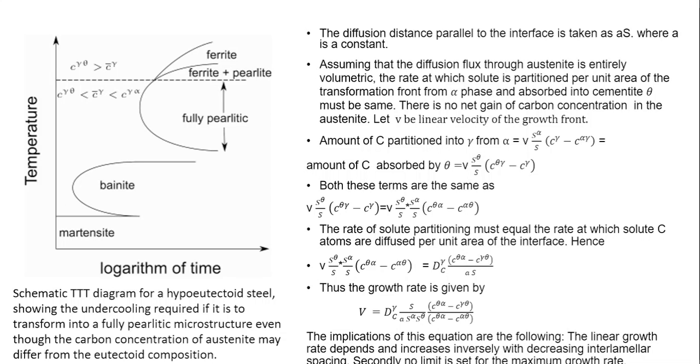So the amount of carbon absorbed is equal to the velocity of the growth front V multiplied by S theta by S, a smaller area fraction, multiplied by C theta gamma minus C gamma. So both these terms are equal, and consequently we can equate them.